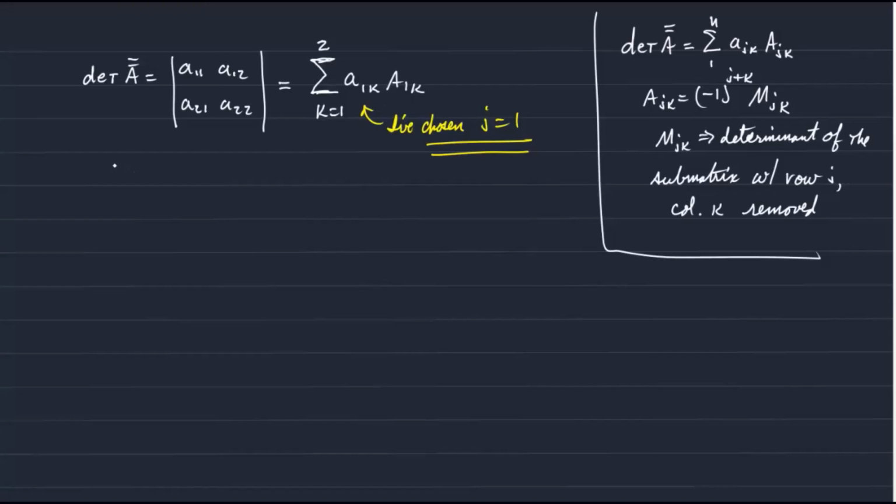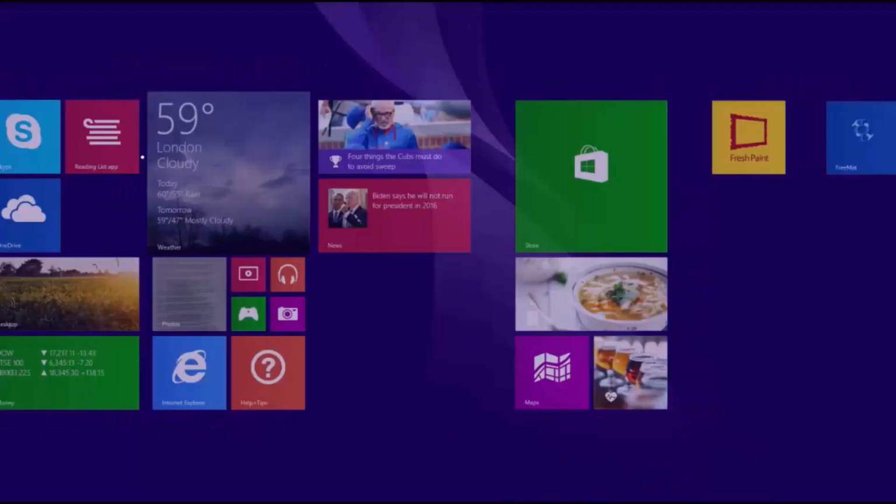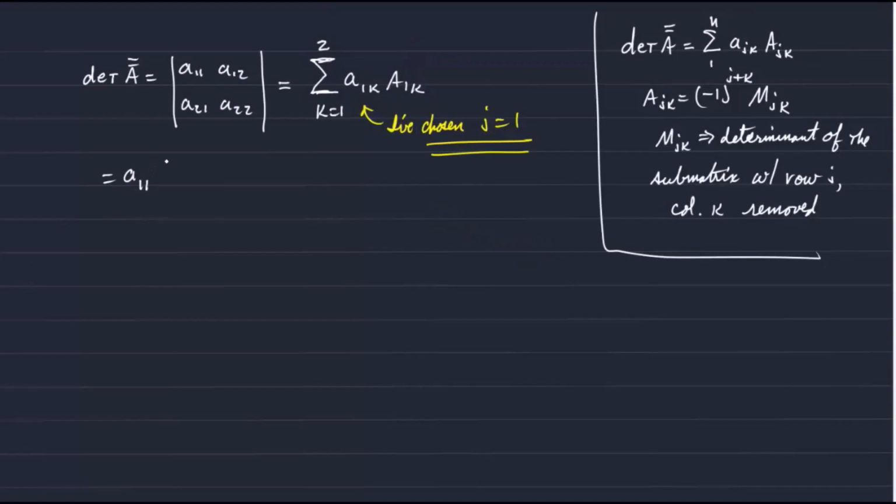So when k is equal to 1, we have a11 times capital A11, and then k would be equal to 2. So that's a12, capital A12. Okay, so now using our definition of our cofactor, that gives a11 times minus 1 raised to the second power.